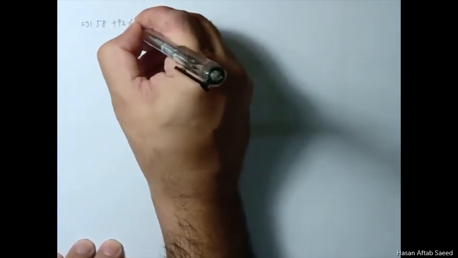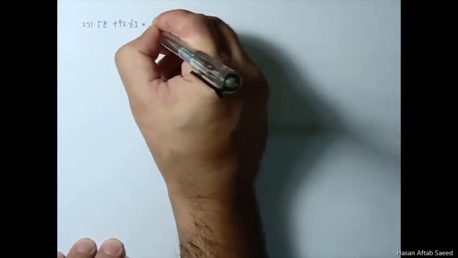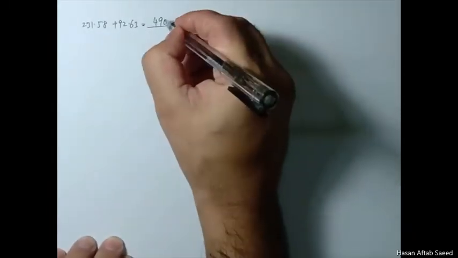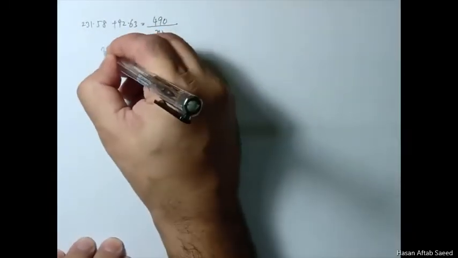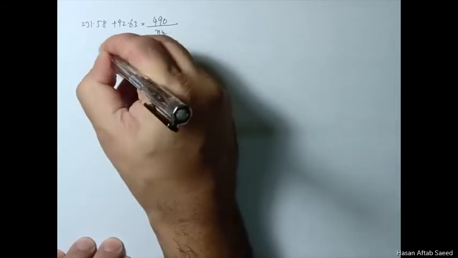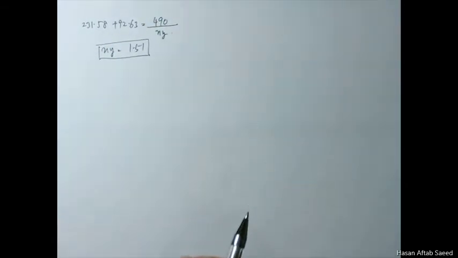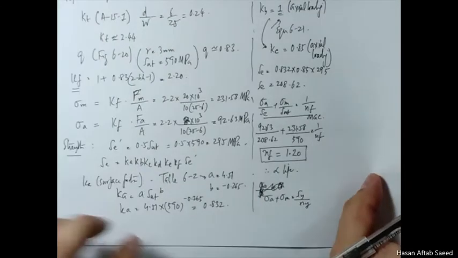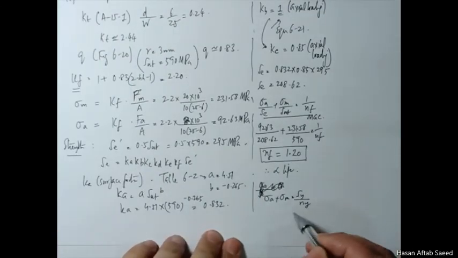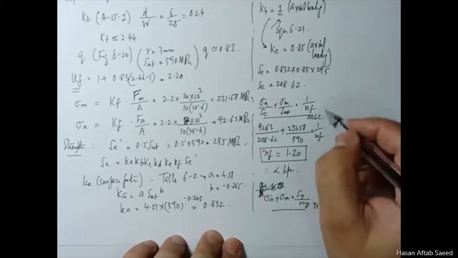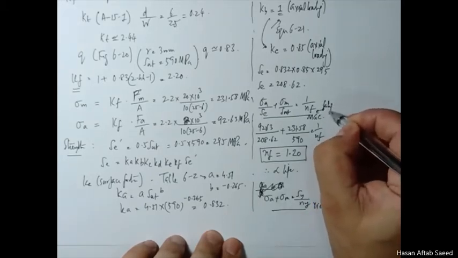So putting the values here, sigma a plus sigma m, you have 231.58 plus 92.63 is equal to 490. Remember, this is the value of the yield strength of the material, and ny turns out to be 1.51. Now this equation we are checking yield, and here we were checking fatigue.